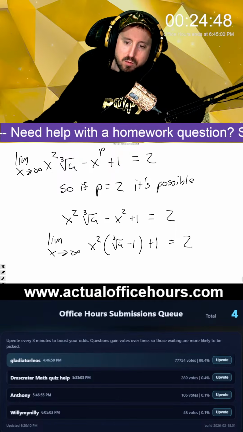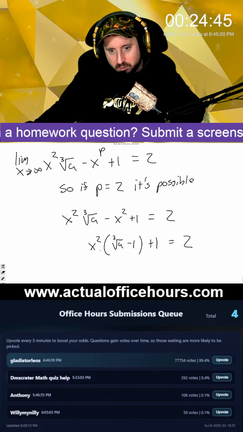Oh, into the initial limit. Okay, so that was just the proof to show that p had to equal 2.